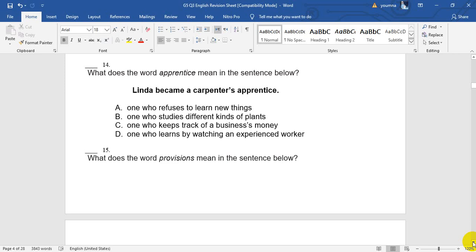One who learns by watching an experienced worker. It will be D. So to watch, to learn, and to know such a work to do after that, like a carpenter, like the shoemakers, stuff like this.